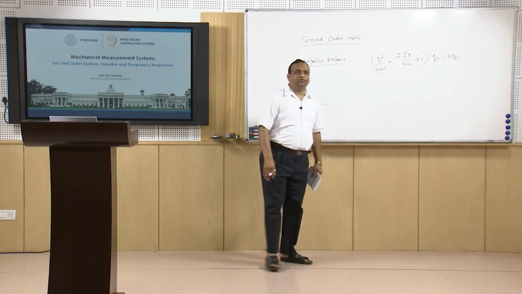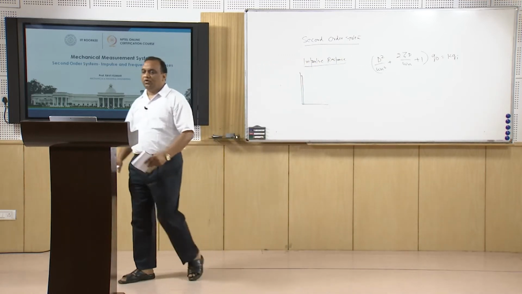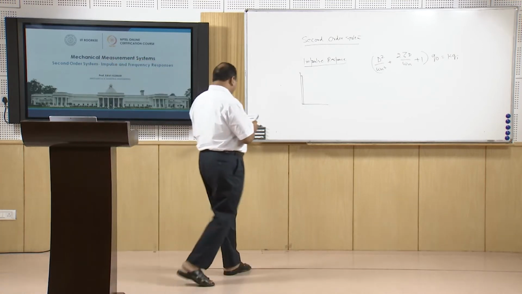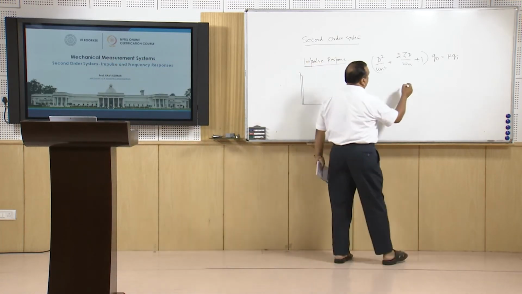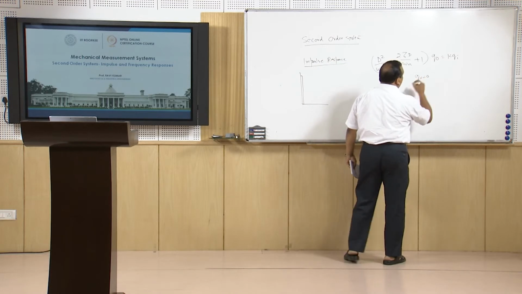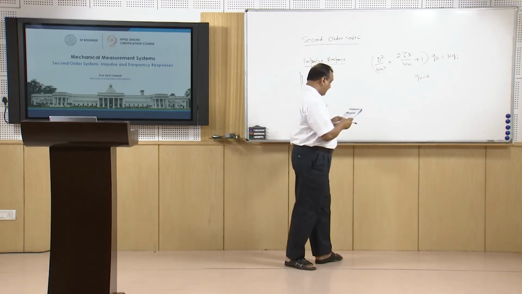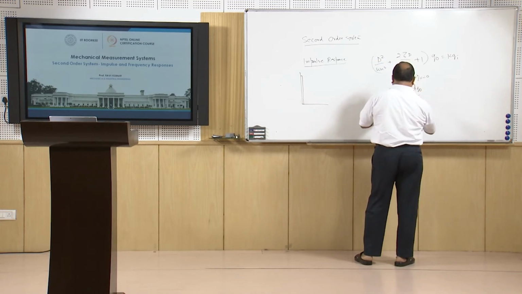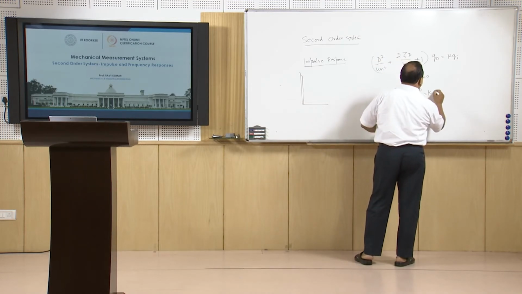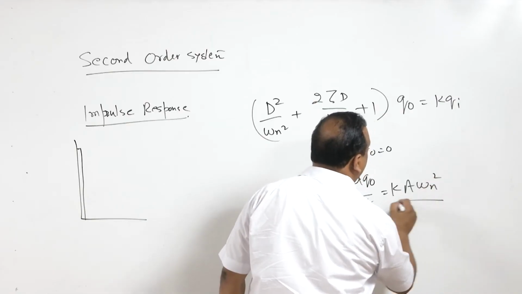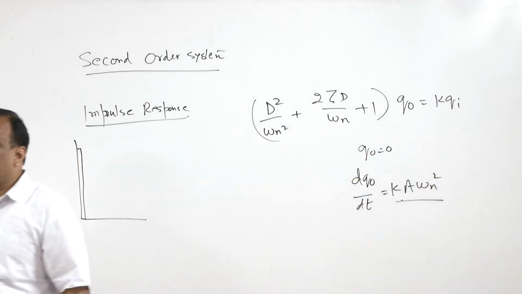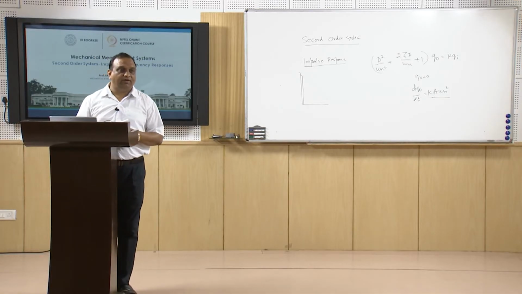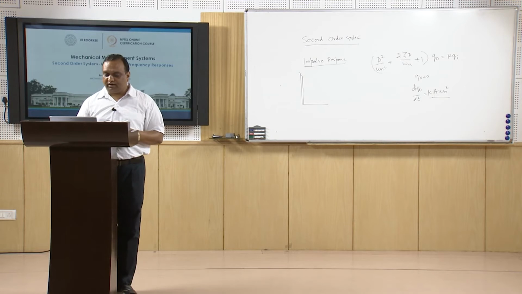The governing equation is the same for all the cases, only the boundary condition will change, and the boundary conditions are qo is equal to 0 and dqo by dt is equal to ka omega n square, because a term has come due to the area of that rectangle which we took into account while doing the first order analysis.